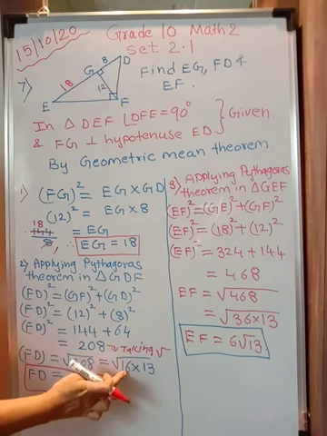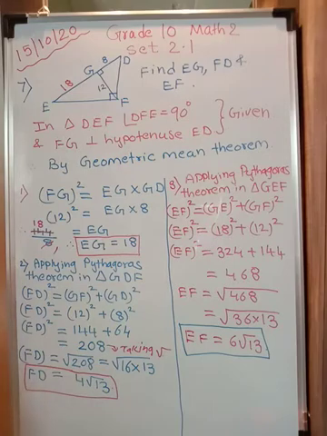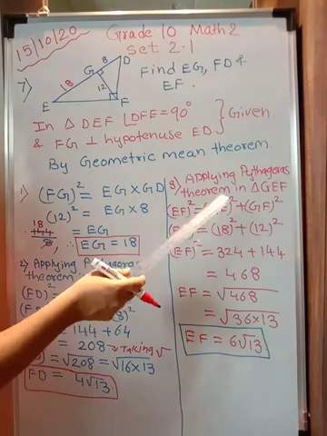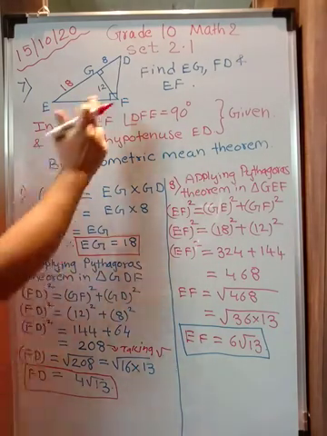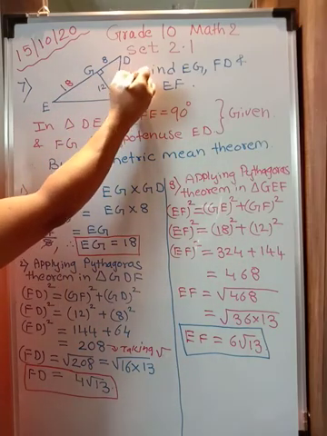So the square root of 16 is 4, and therefore FD you get as 4 root 13. Got it? Now applying Pythagoras, we got FD as 4 root 13.